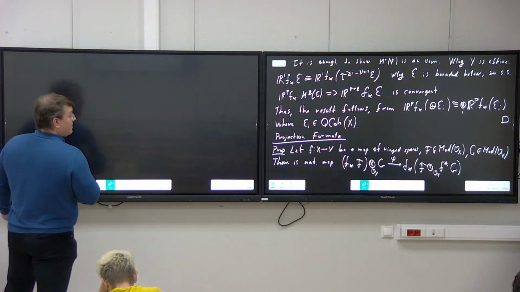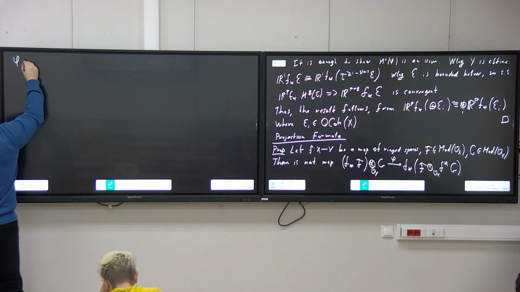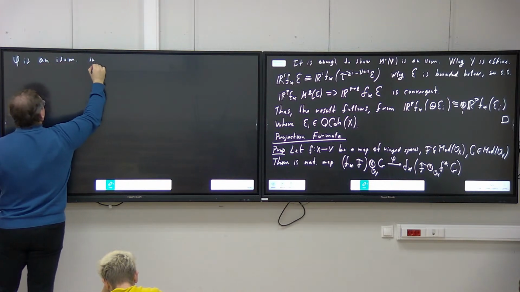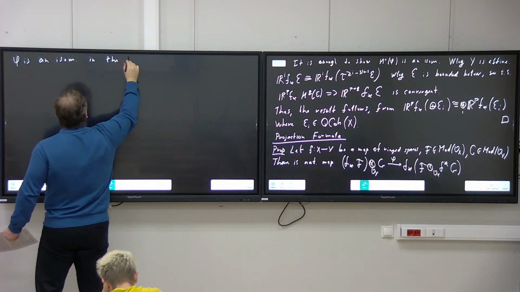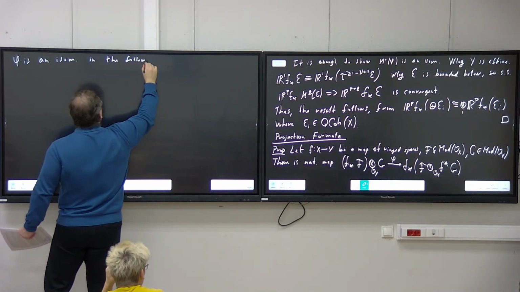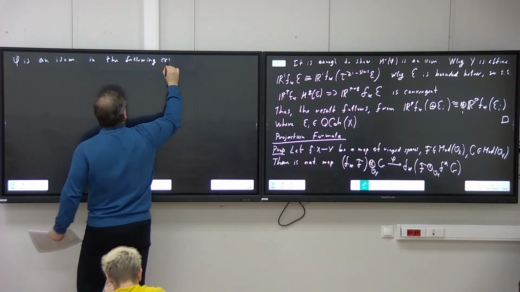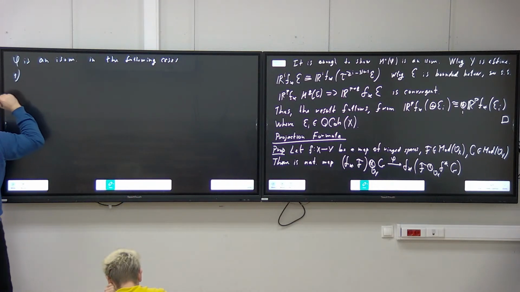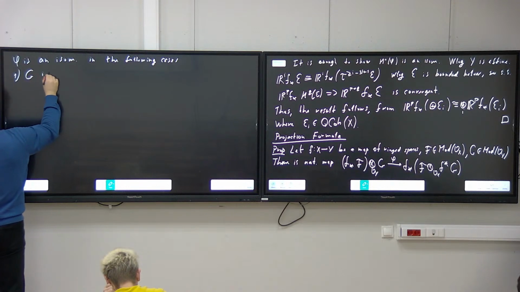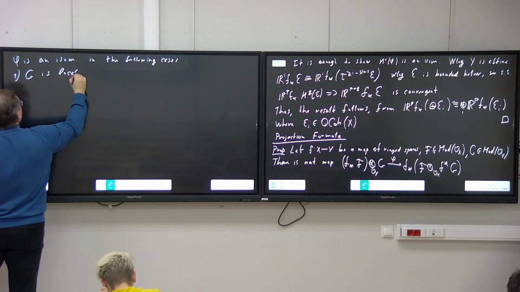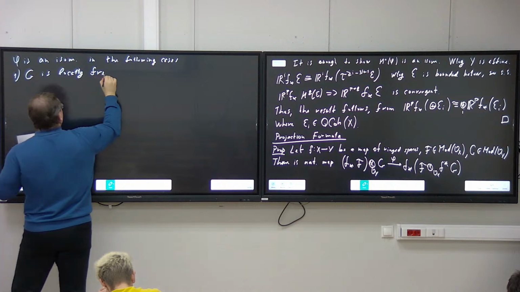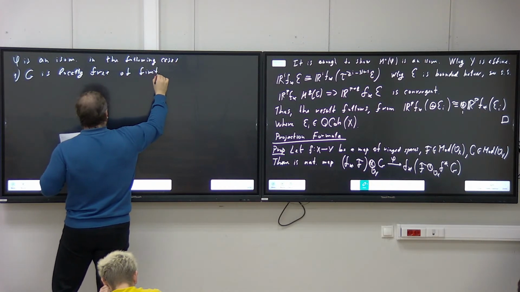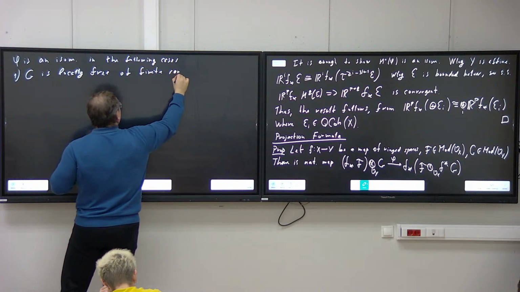The map which I call phi is an isomorphism in the following cases. The first case is that G is locally free of finite rank.